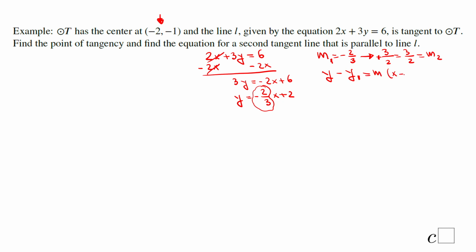This is the form, and now we're going to just do y minus, and of course we're going to use the center as the point, because that's the line we need to find that goes to the center, and this is y1, so it will be -1 equals 3/2, the slope we found, and parentheses x minus x1, x minus -2.